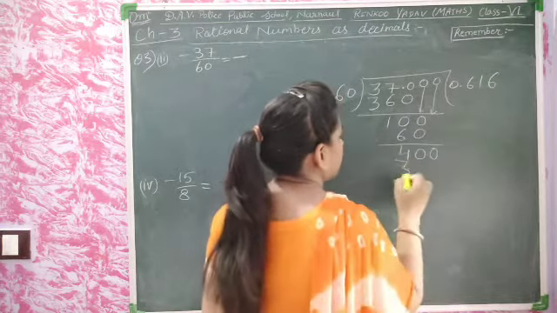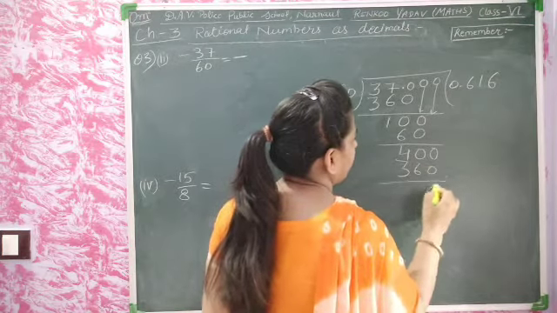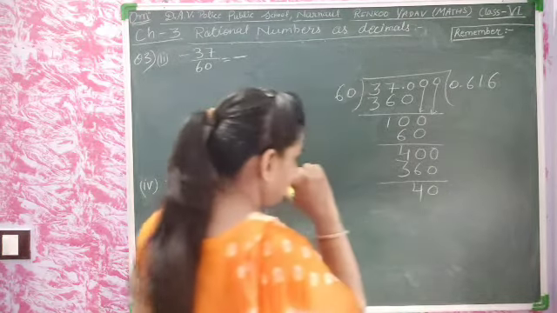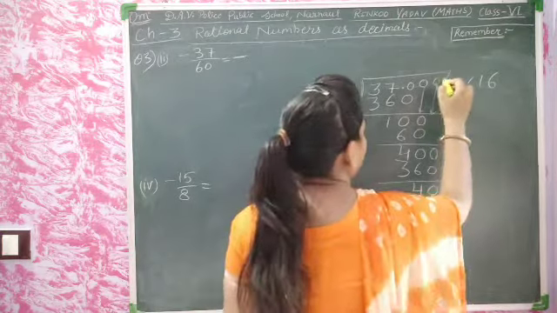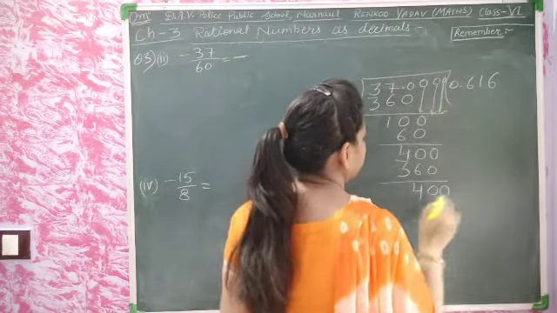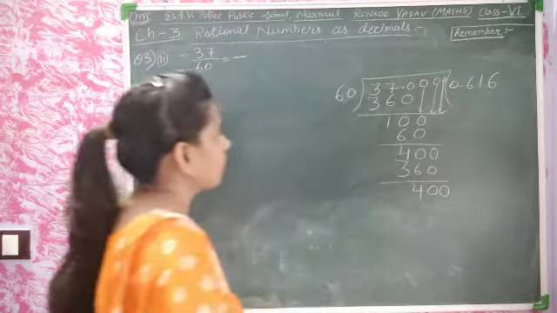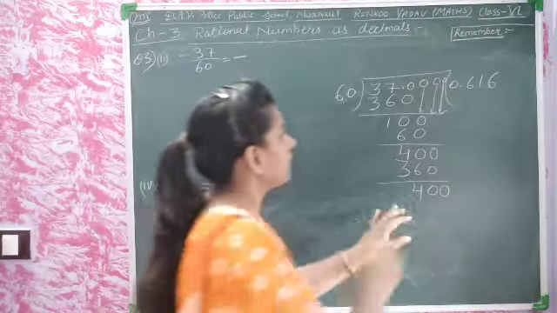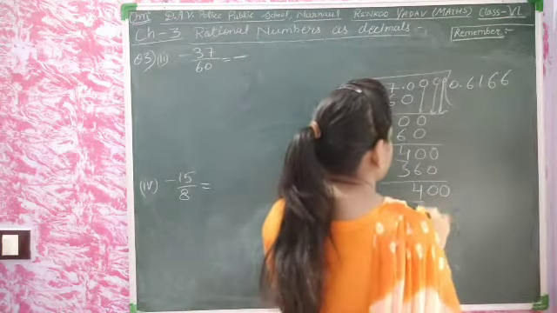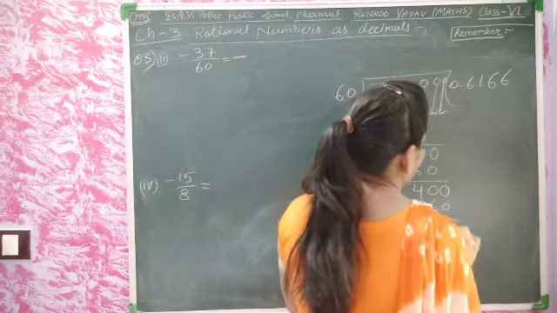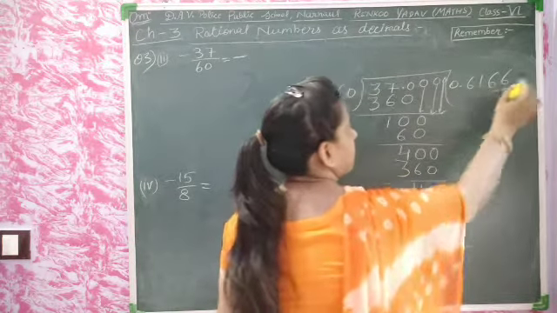6 sixes are 36, 360. Now again there is the remainder 40 and now again placing 0. Yes students, you are seeing again there is the number 360 and there is 40. You are seeing that this 6 is repeating here.